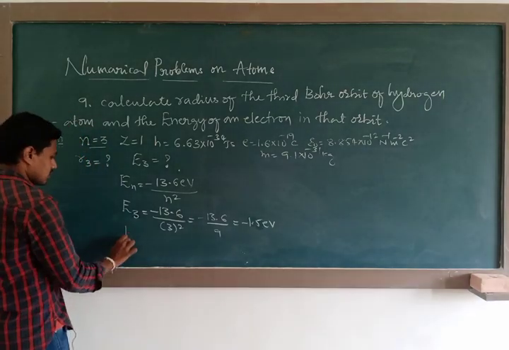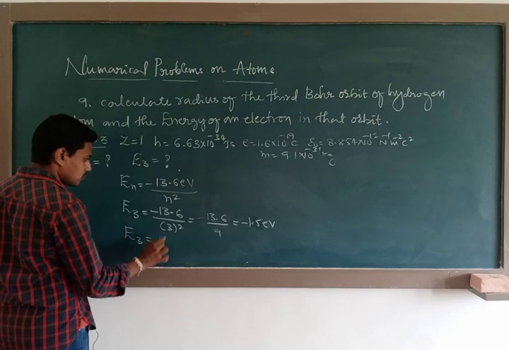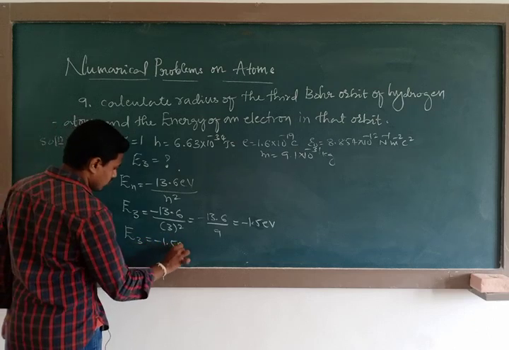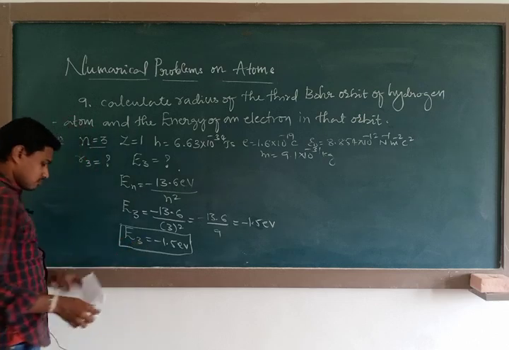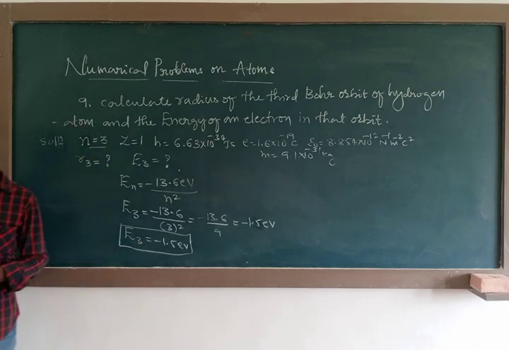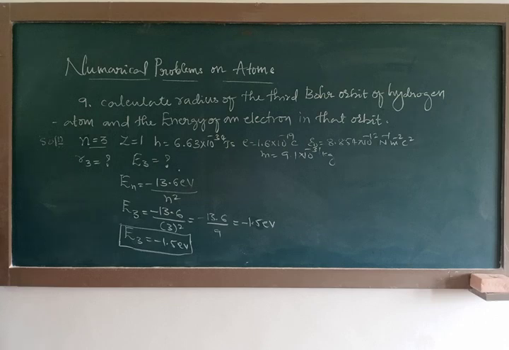That is the energy in the third orbit. E3 is equal to minus 1.5 electron volt. You just go through your calculators and simplify and check whether the answer is correct or not.